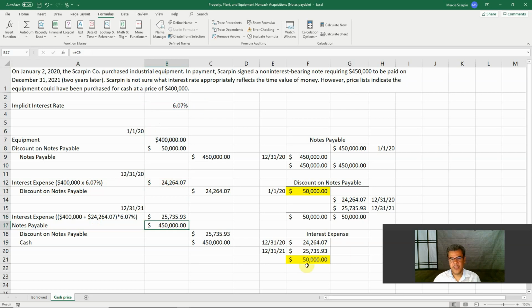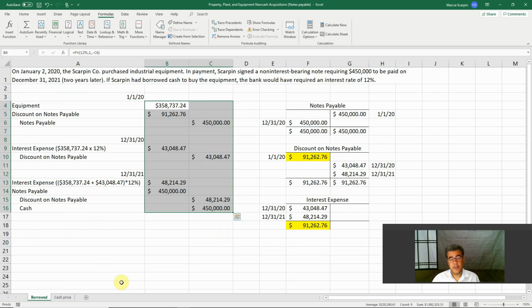Exactly the same. Interest expense 50, discount on notes payable closing, notes payable closing. So what is the difference? This is a little bit more complicated because we need to find our implicit interest rate. This is not so common. The most common is just like if we have borrowed this money.